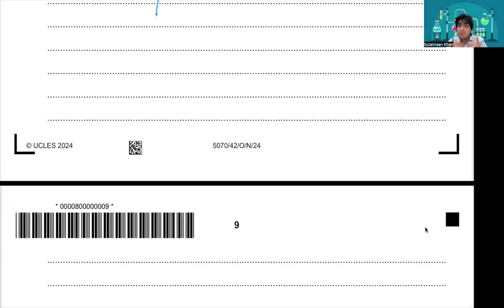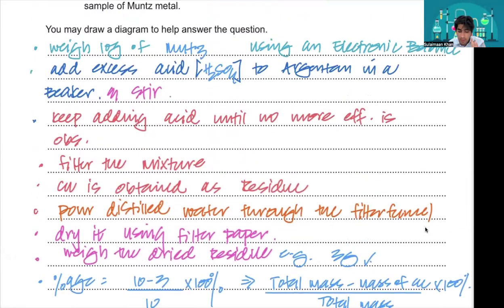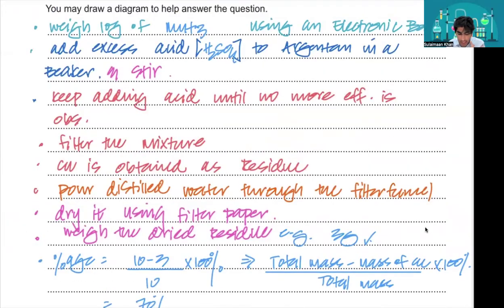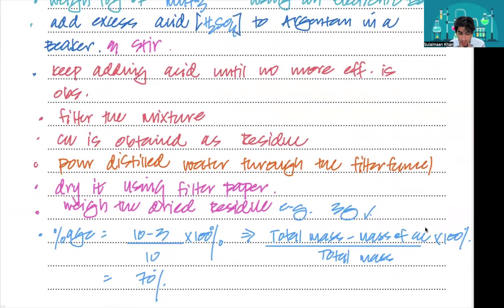Let's suppose we go back to this question, or maybe this question. I've asked you to calculate the percentage by mass of zinc in this case. Once you filter the mixture, you could say using the filter funnel and filter paper. Even if I don't say it, I could just draw the diagram.